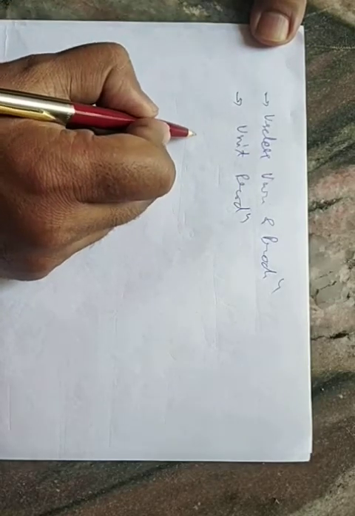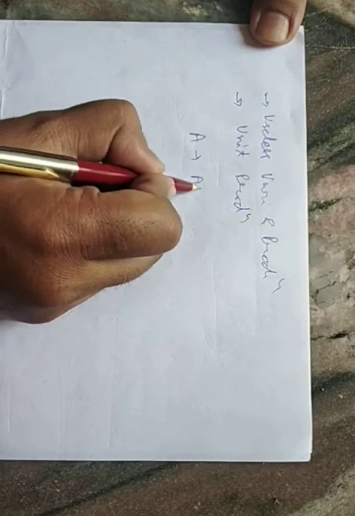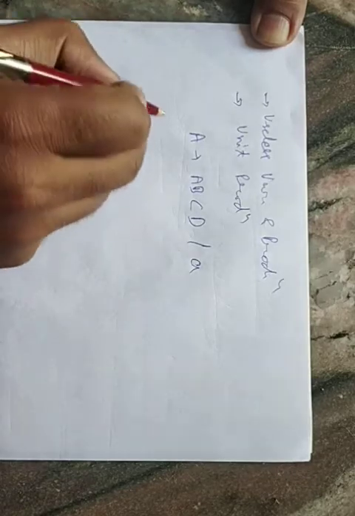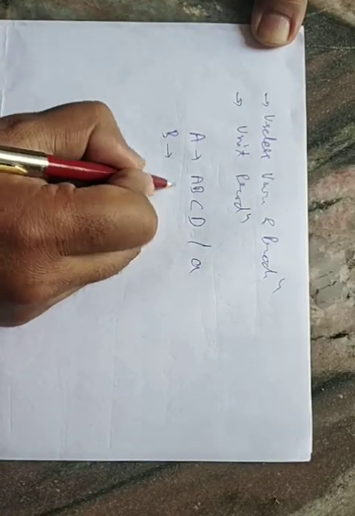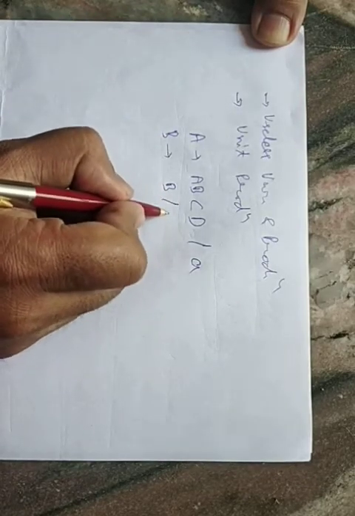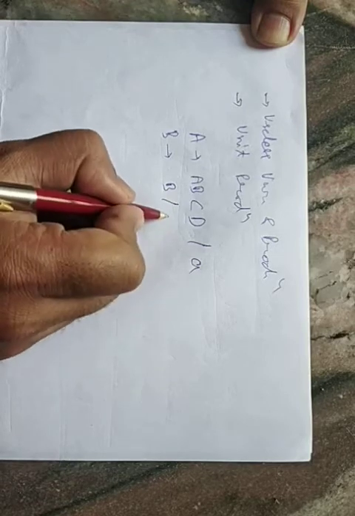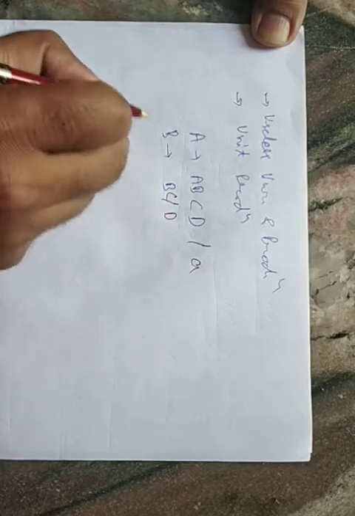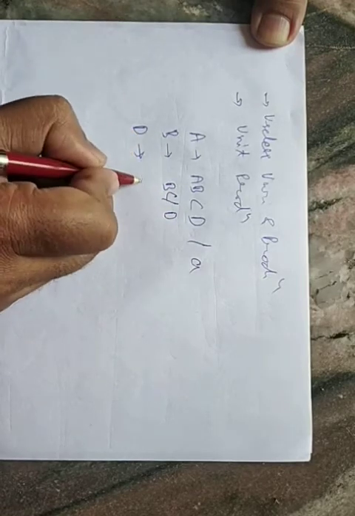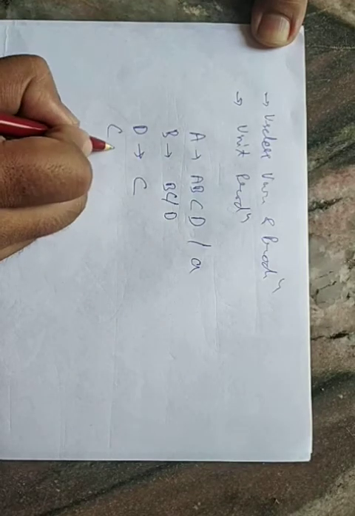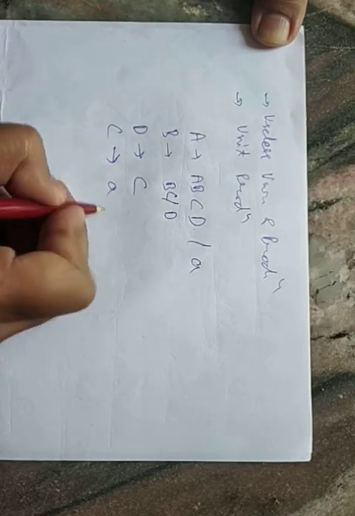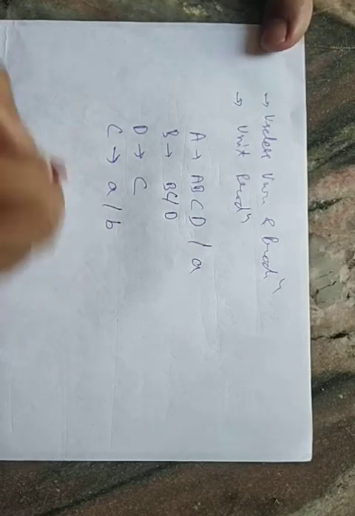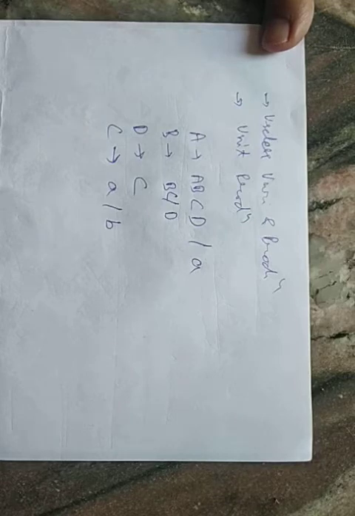Suppose there is one example: A produces AB C D slash a, B produces b slash BC slash D, then D produces C, then C produces a slash B. Now suppose this particular grammar is given.